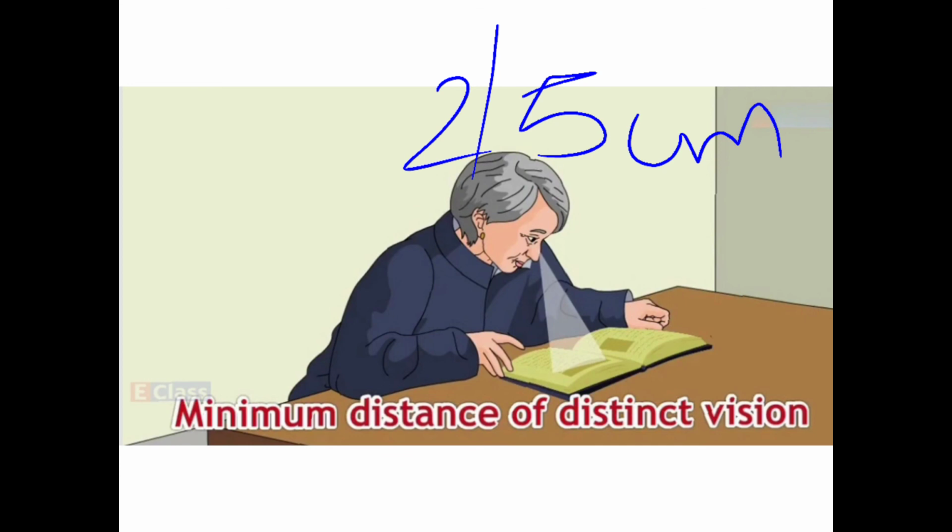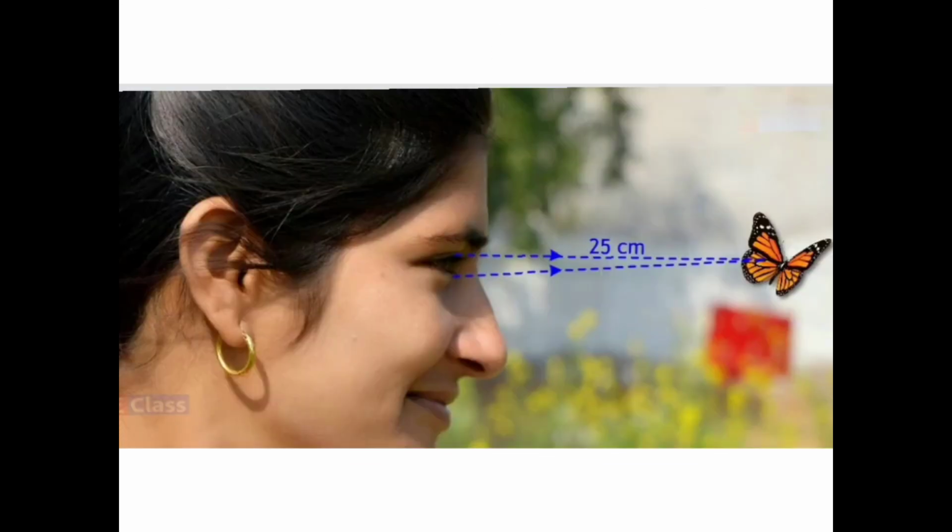Now children, can you tell me till what distance we are able to see with our normal human eye? What is the farthest distance? Can anyone tell that? Children, we are able to see till infinite distance.